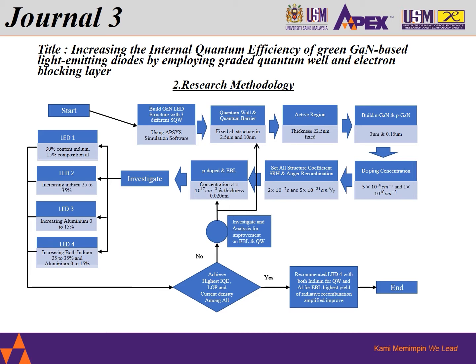Next we will set the doping concentration at 5 times 10 to the power of 18 per cm³ and 1 times 10 to the power of 18 per cm³. Then we will set the coefficients for SRH and Auger recombination at 2 times 10 to the power of negative 7 per s and 5 times 10 to the power of negative 31 cm⁶ per s.